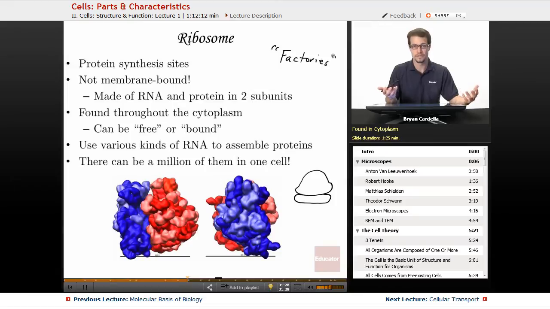Little shops. You could think of it as a shop that produces a certain product, and that product is protein. The protein is like the major export. It's the thing that the city relies on to stay functioning and to stay alive.